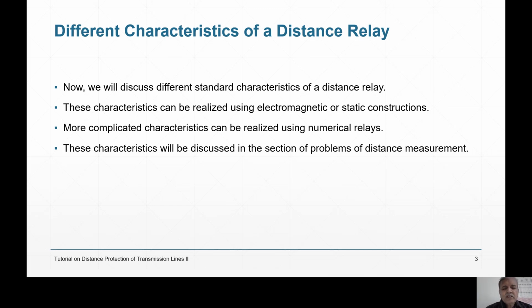This is the second class of distance protection. So in the 3rd class of distance protection, we'll be discussing the other 2 characteristics.